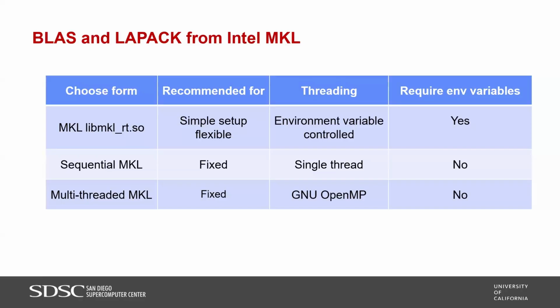The first one is simple to set up and flexible at runtime, but you need to specify the environment variables to use before starting your R. For the last two, the sequential MKL and the multi-threaded MKL, they are fixed and hard-coded when you build your R, and you don't need to specify any special environment variables, but just run R as usual.